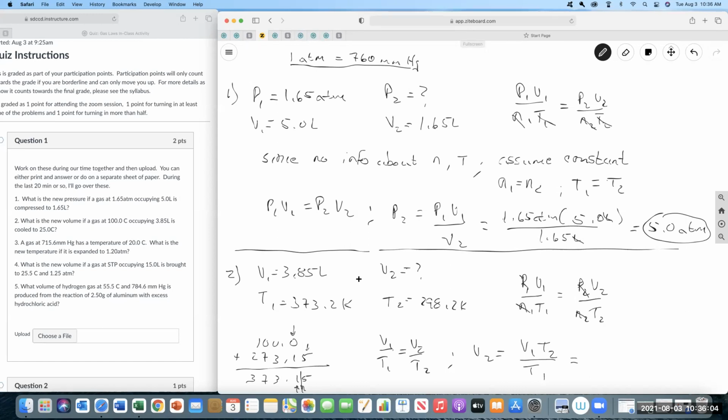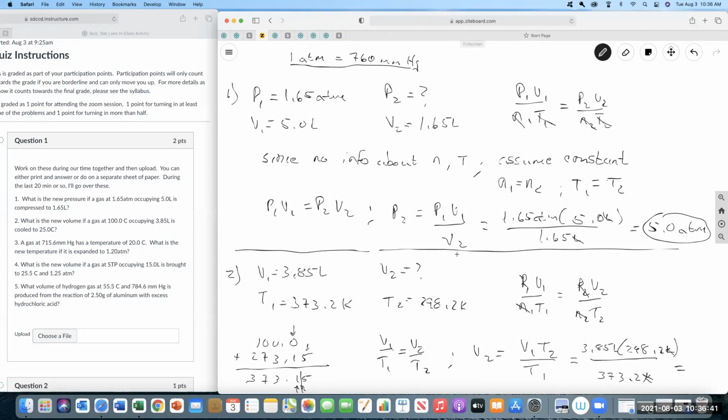And then in this case, 3.85 liters, 298 Kelvin over 373 Kelvin. My Kelvins cancel. And my answer is going to be, there we go, 3.85 times 298 divided by 373.